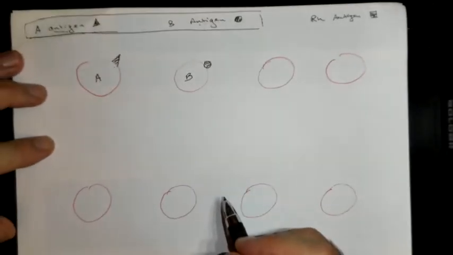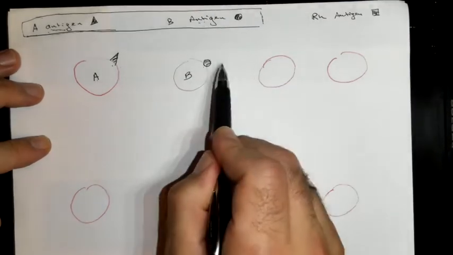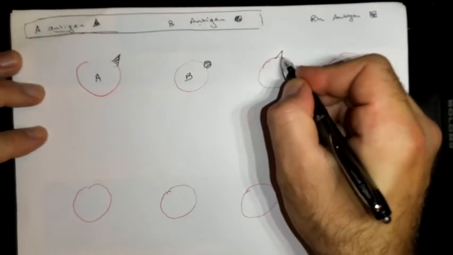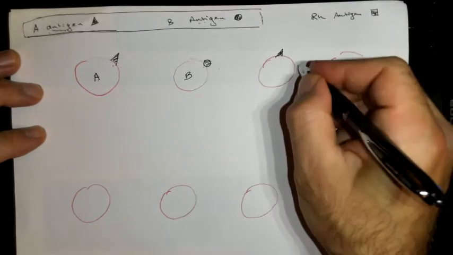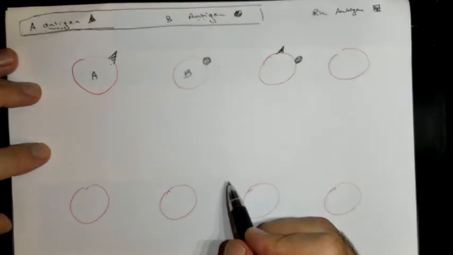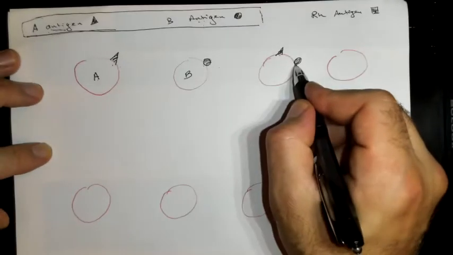It is also possible to have the DNA and the genes for both of these. And if that is the case, then this person would have both the A and the B on their membrane of their red blood cells. And at this point, we would of course call them AB.